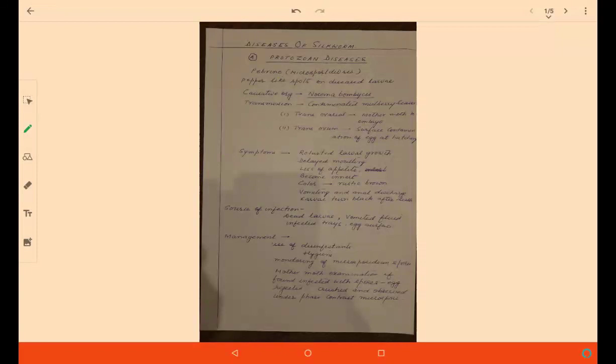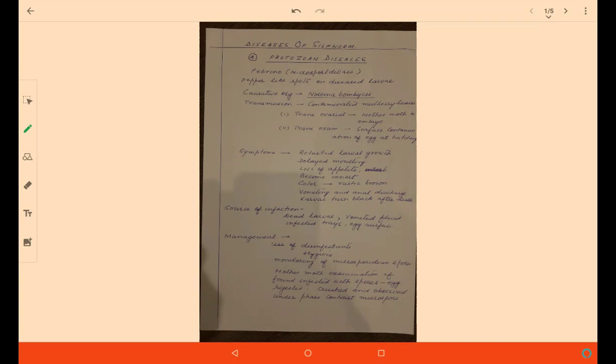The mode of transmission is through contaminated mulberry leaves, and the disease transfers from mother moth to embryo. From surface contamination of the egg at the time of hatching, the latter is called transovum transmission and the former is called transovarial contamination.